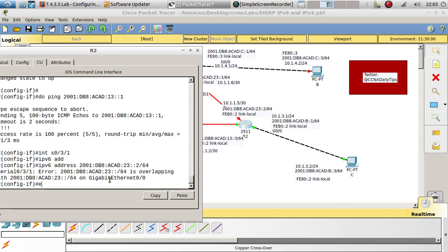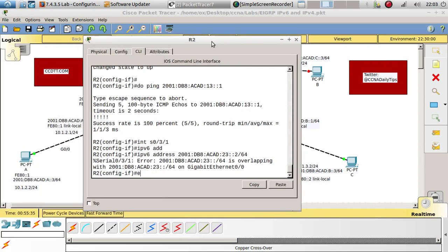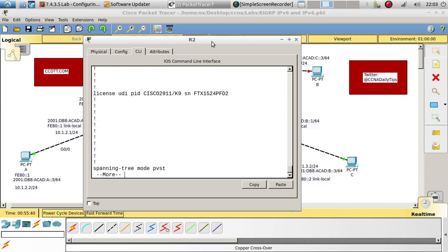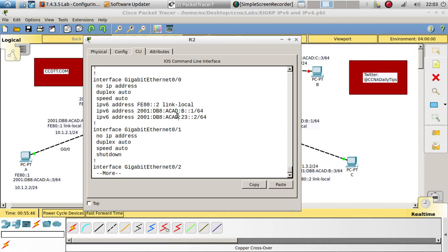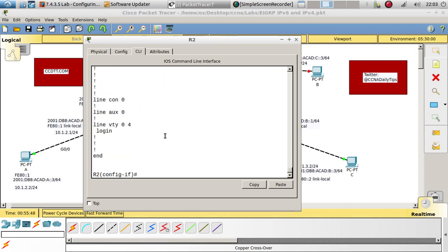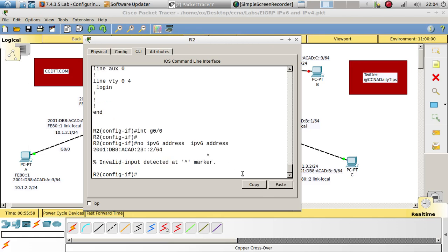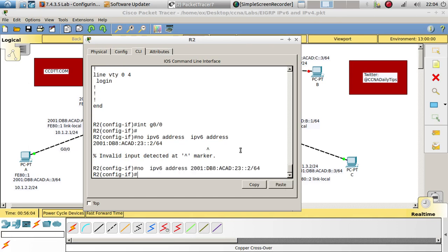Let me see, do show run, and let's negate this IP address so we can delete it from here. So let's go to interface gigabit 0, no IPv6 address. Okay, that's good.